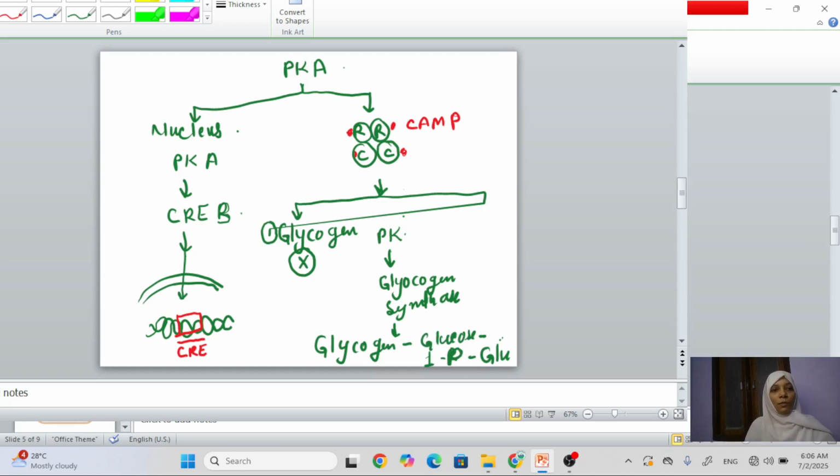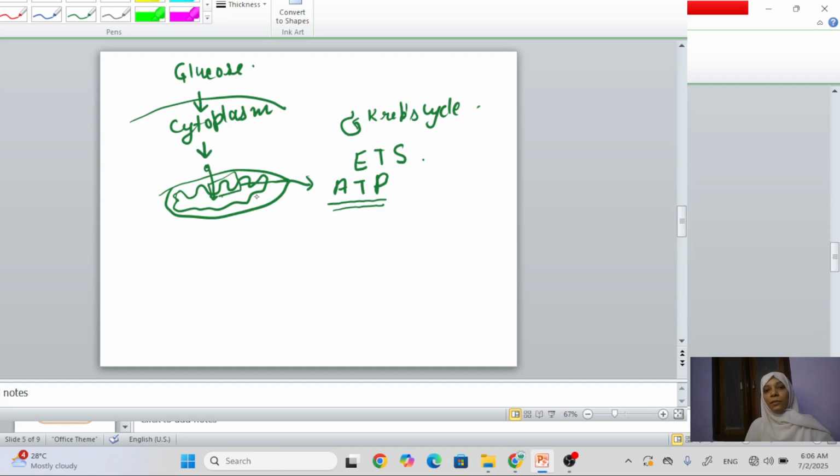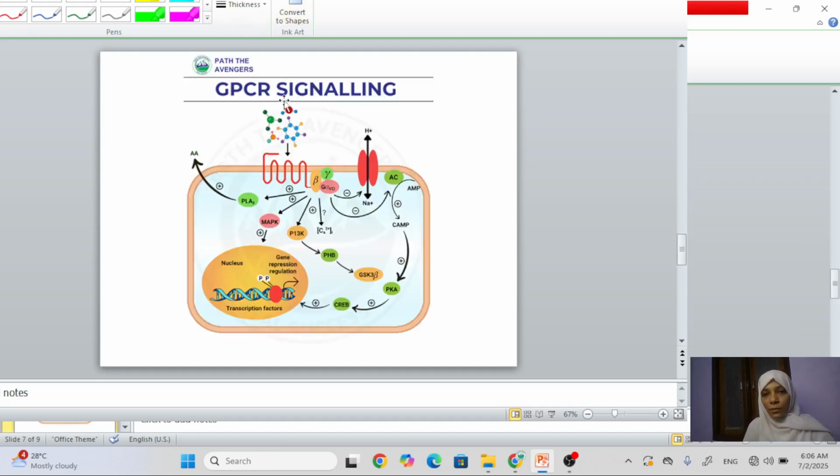Then glucose molecule enters into the cytoplasm, then mitochondria, and then with the process of ETS it will produce the ATP, and this ATP is the actual form of energy or source of energy in the animal cell.